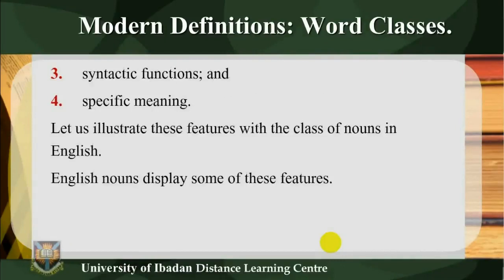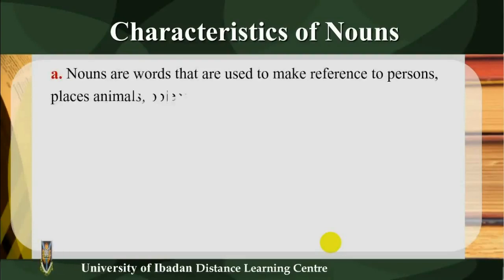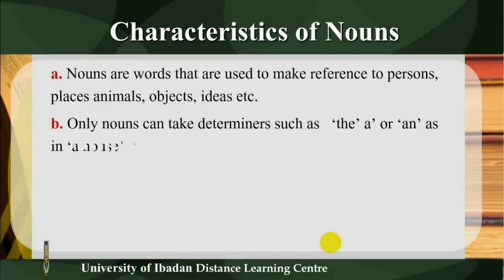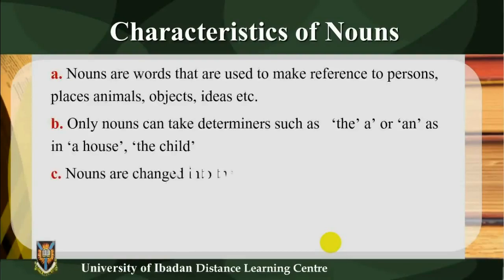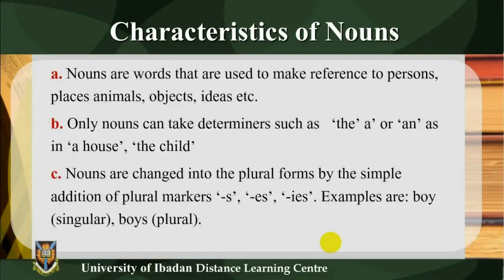English nouns display some of these features. Characteristics of nouns. A. Nouns are words that are used to make reference to persons, places, animals, objects, ideas, etc. B. Only nouns can take determiners such as the, a, or an, as in a house, the child.